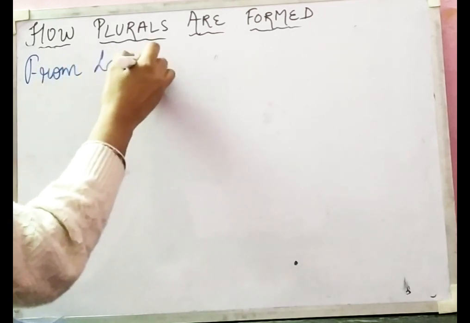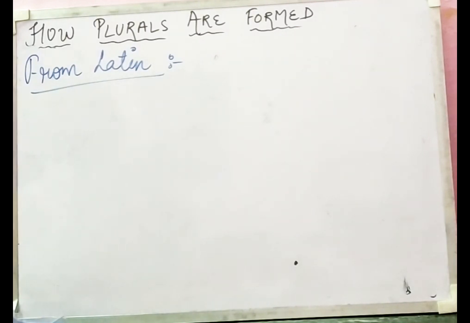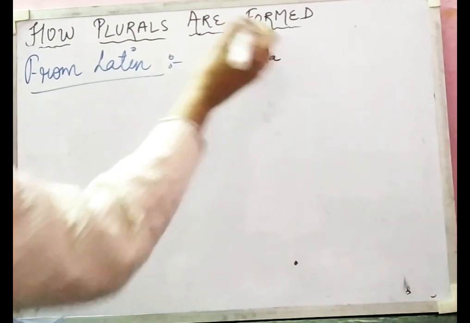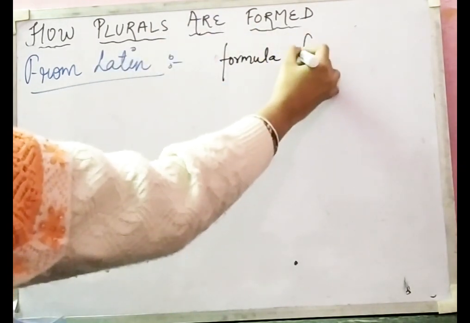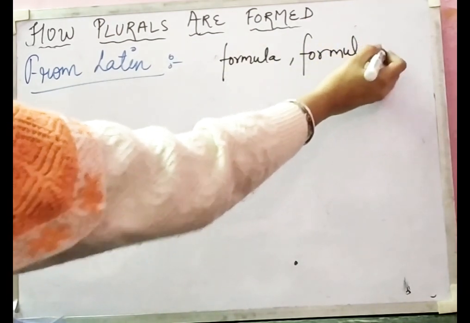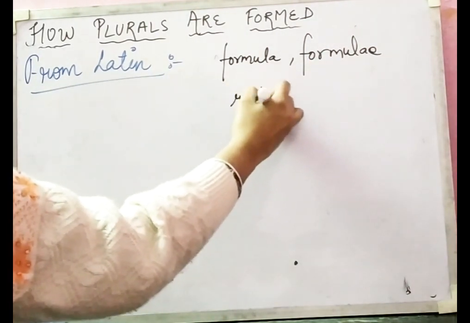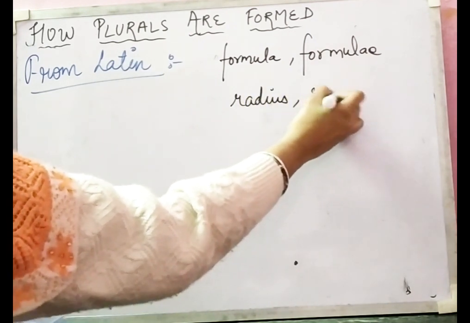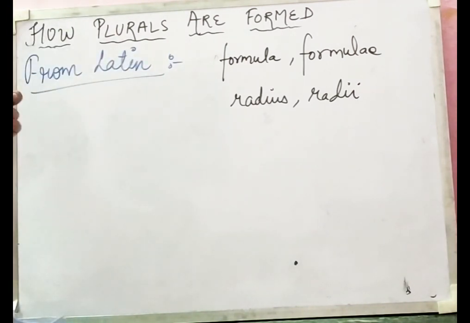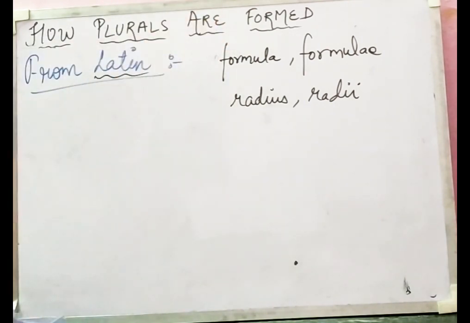From Latin, the words came like formula, and you all know that we can say formula or formulae. Similarly, you can take radius, and this will be radii. These are two examples of plurals that came from Latin. I think this much is clear to you.